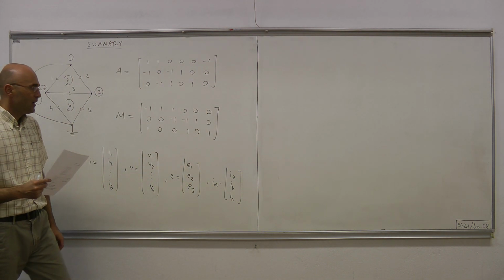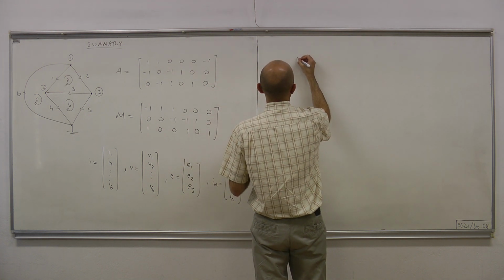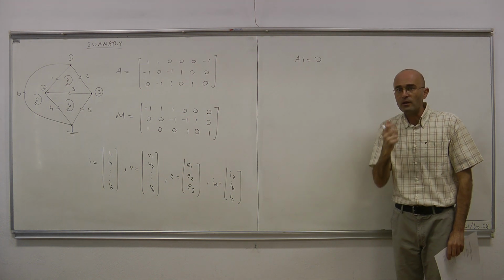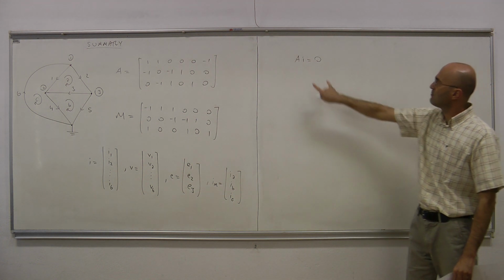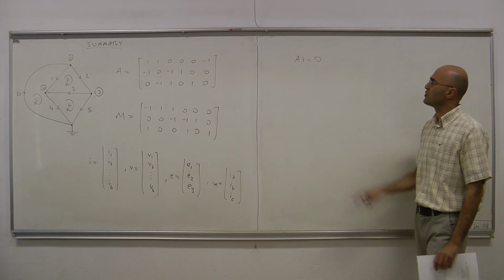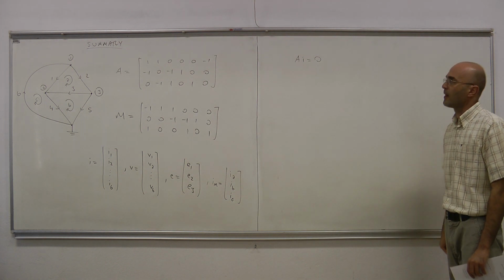Now, when we write KCL and collect all the equations coming from KCL, this is what we have: A times I equals 0, A being the reduced incidence matrix and I being our branch current vector.